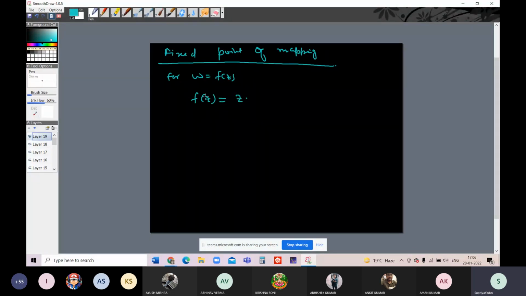It means that W is equal to Z. If for any Z in the complex plane, its image under this map F is again that point itself, we will say that Z is a fixed point or invariant point.